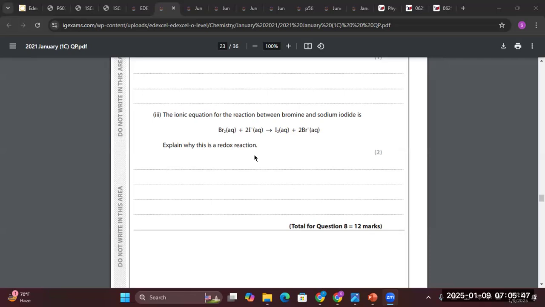Virat, can you just give a bit more detail as to the oxidation and reduction, like who's getting oxidized, who's getting reduced, and why? Oh yeah, iodine is losing electrons, so it's getting oxidized, and Br2 is gaining electrons, so it's reduction. Yeah, bromine is reduced and iodine is oxidized.